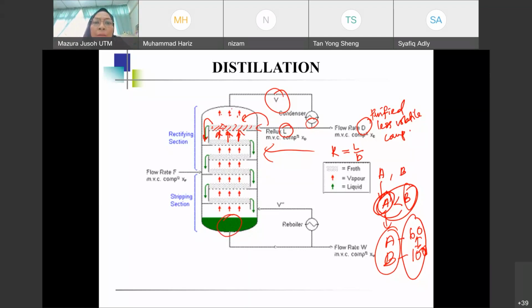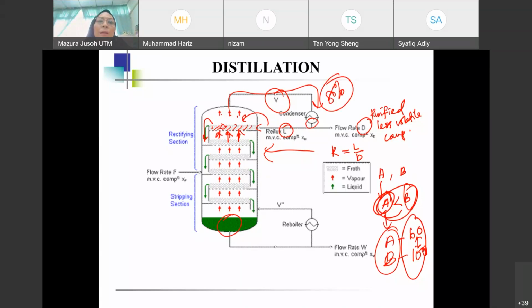Because A already vaporized. And A will also bring some B with it. It's not 100% separation, it will bring some B in it. So let's say it will bring up to 80%. This is not definite, okay? This is like an assumption based on the volatility of A.